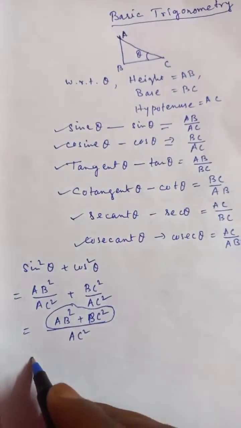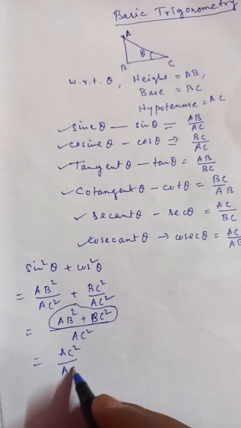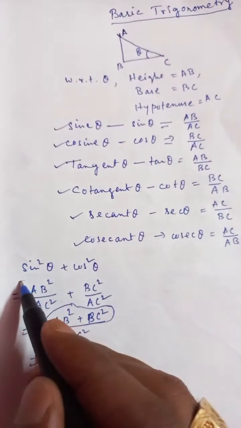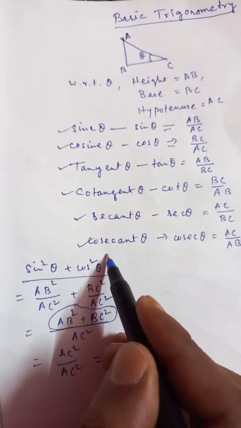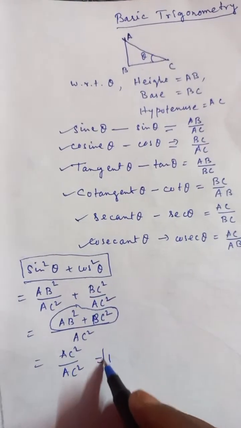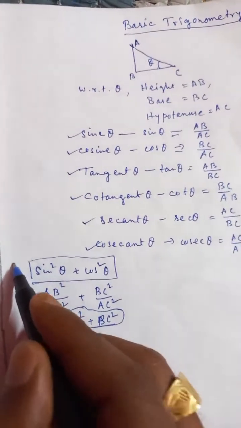This will be AC square by AC square, so this is equal to 1. So we have the relation that sin square theta plus cos square theta is equal to 1. You have to remember this is the number one formula.